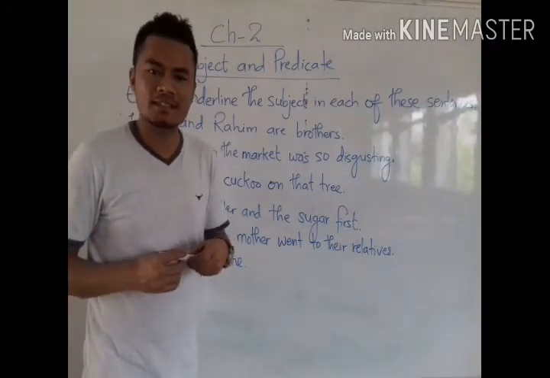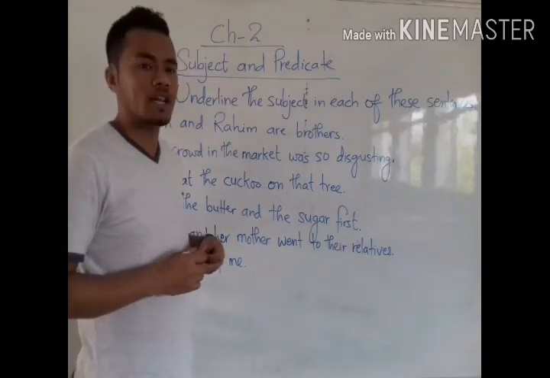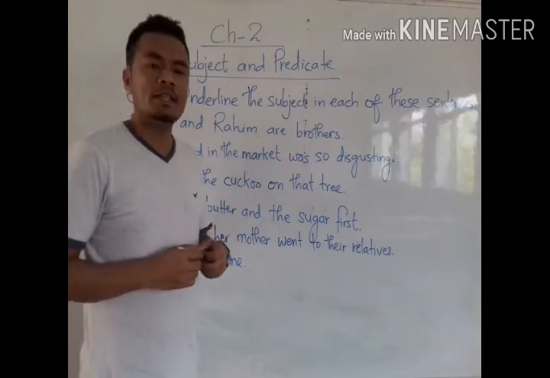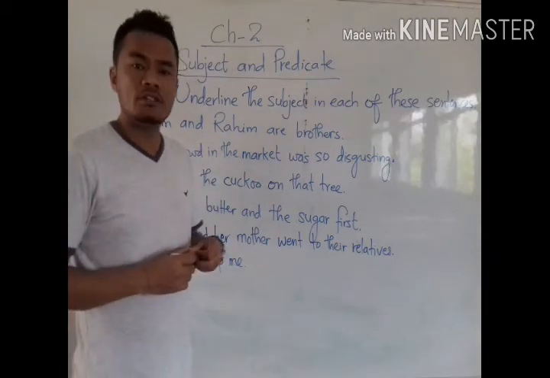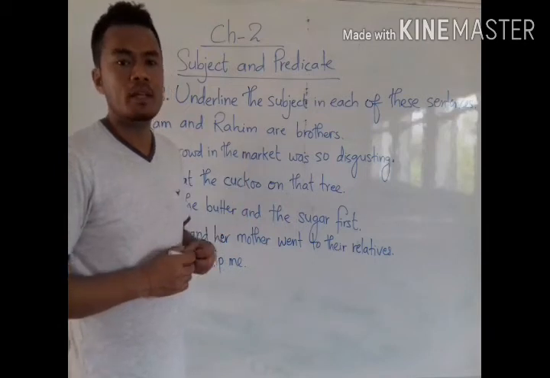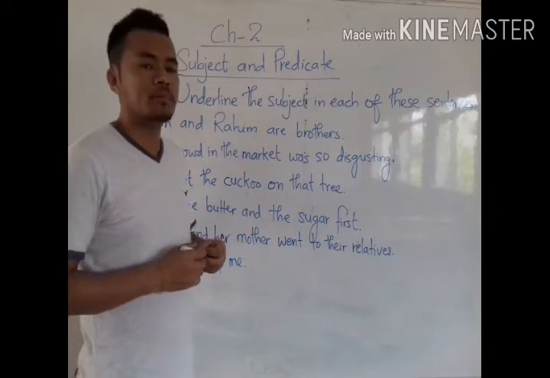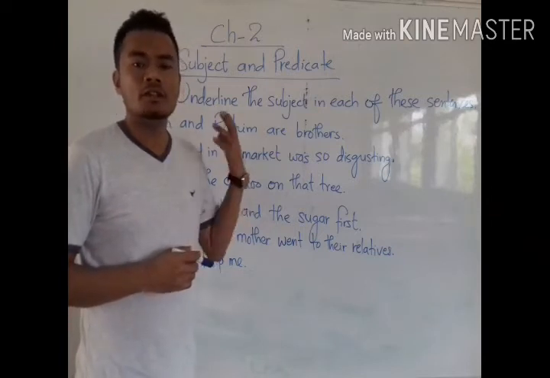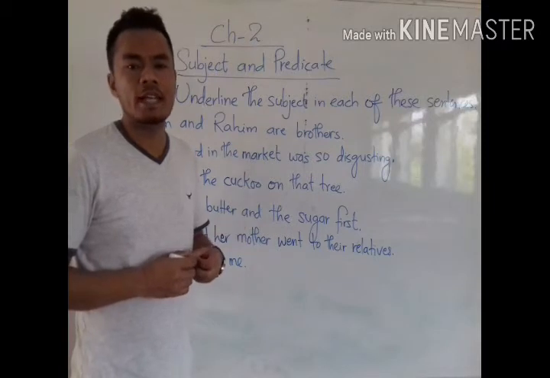In today's class, we are going to continue with chapter 2 of our English grammar, subject and predicate, for the students of standard 6. In our previous video on the same chapter, we discussed and understood the topic subject and predicate. We understood subject and predicate with their definitions and examples.